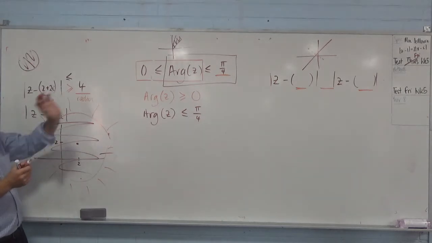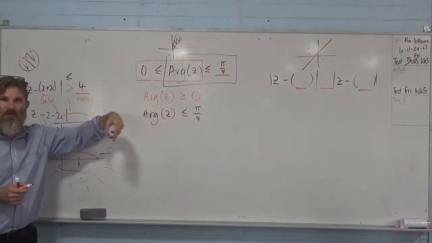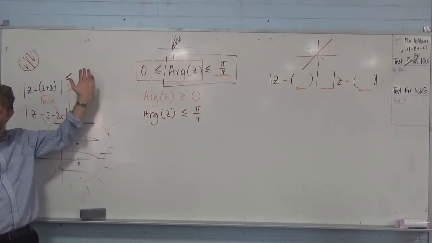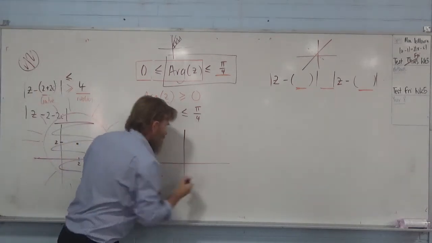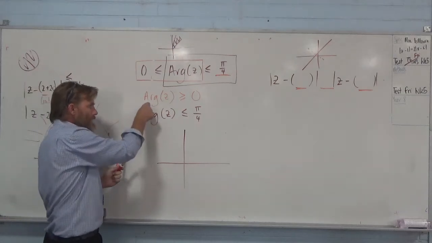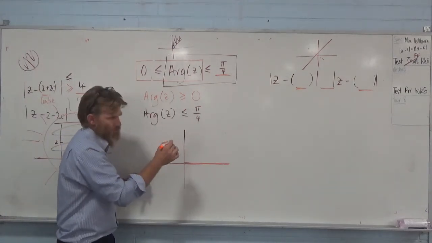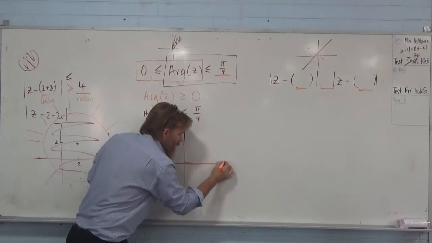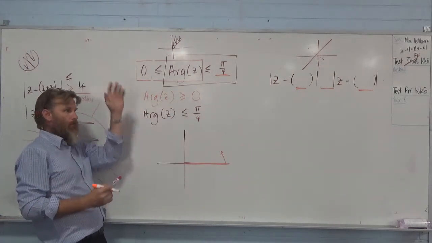Now, those are relatively simple when you realise the argument of z is just the angle. I don't care what the complex number z is. So on an Argand diagram, here's 0 degrees, radians, whatever, doesn't matter, and I want the things on that side of it, because that's going to be greater.